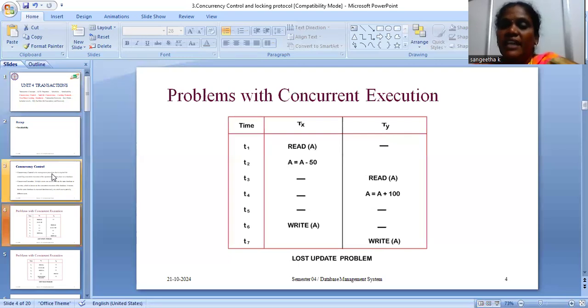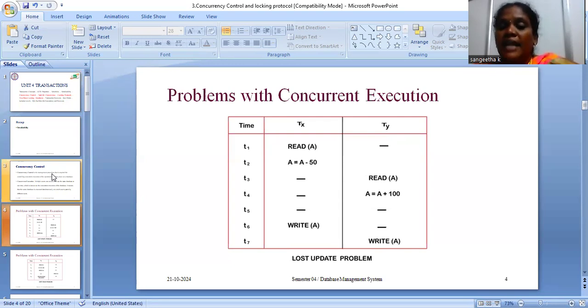First, let me take this example. Suppose Tx is one transaction and Ty is another transaction. Tx is accessing the value of A and performing a subtraction of 50 from that account.